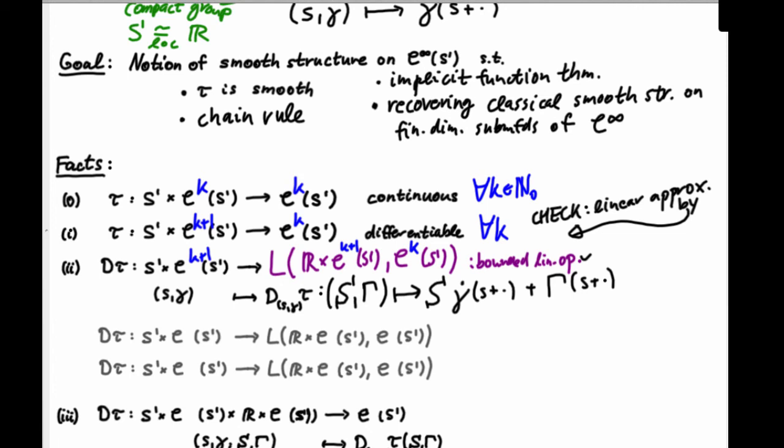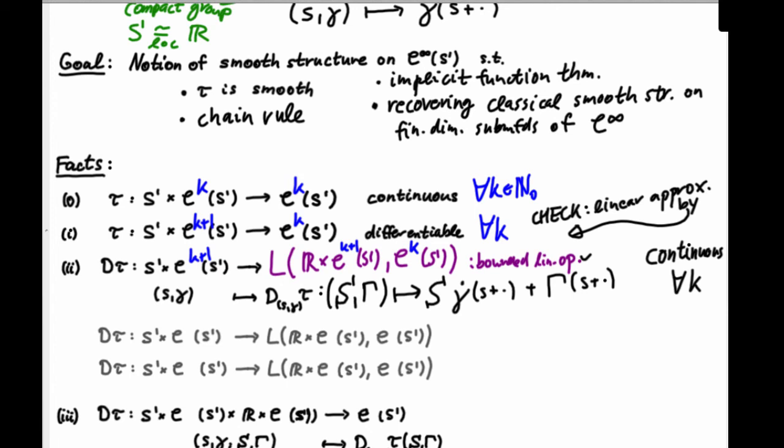And what I want to claim in point 2 is that not only is this map well defined, it is actually continuous for all k. Meaning the operator norm here varies continuously with varying little s and little gamma.